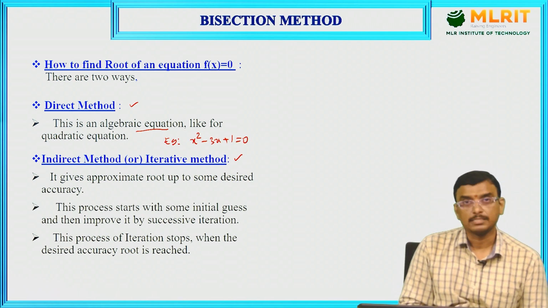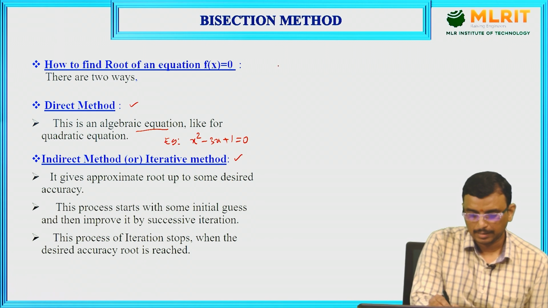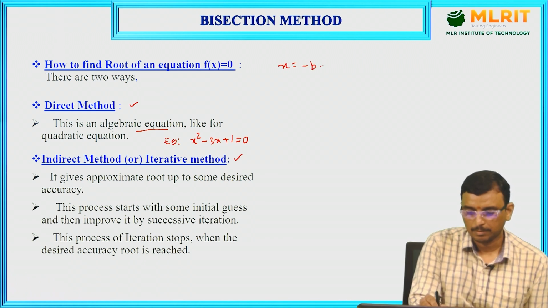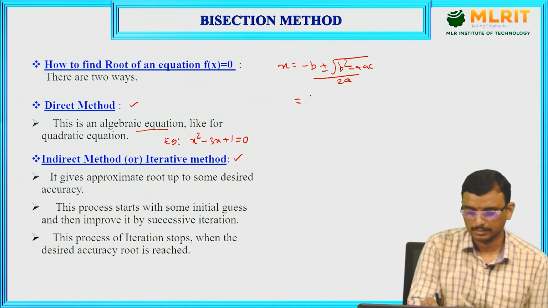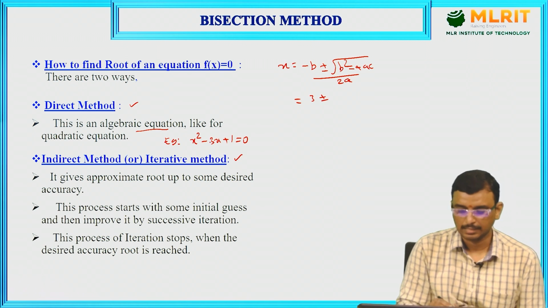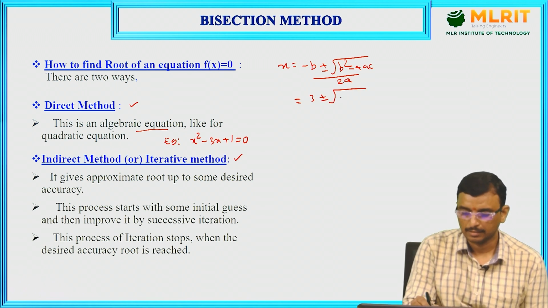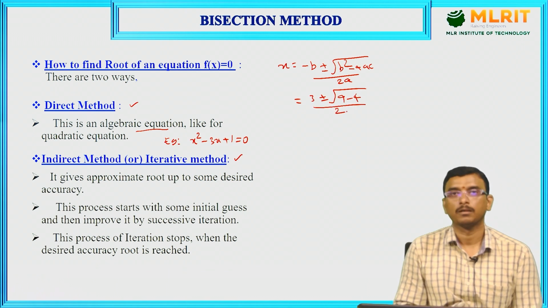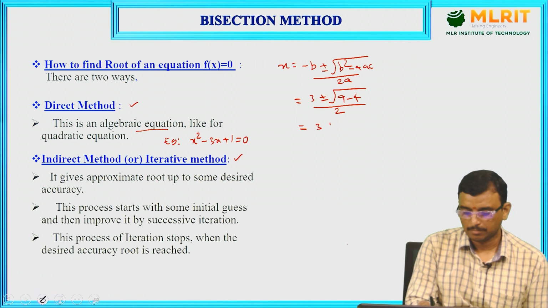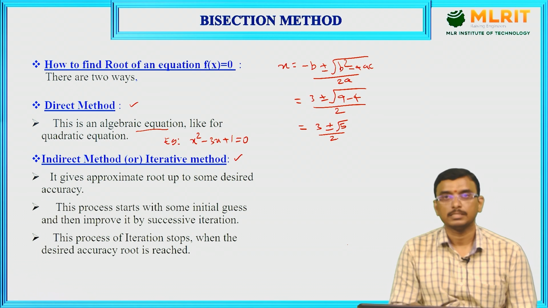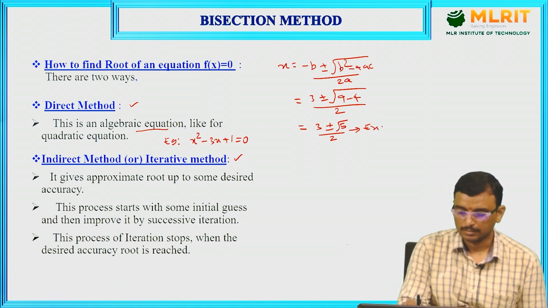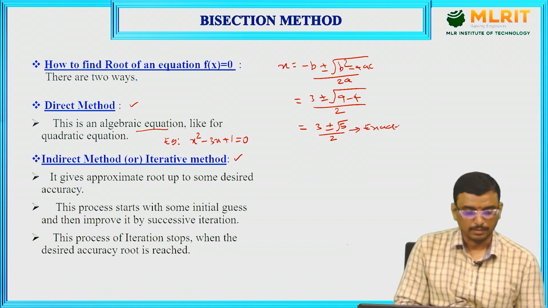This equation is in discriminant form, so we can apply x is equal to minus b plus or minus root of b square minus 4ac by 2a. So, 3 plus or minus root of 9 minus 4, divided by 2. So, this is 3 plus or minus root 5 divided by 2. This is the exact solution for the direct method.